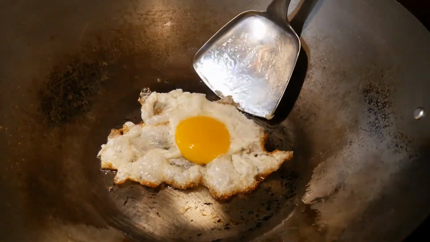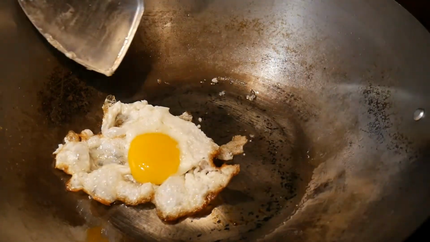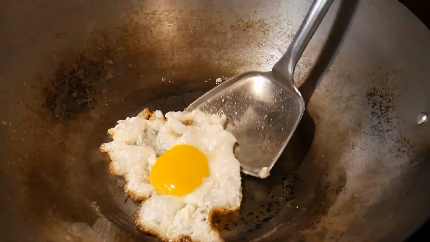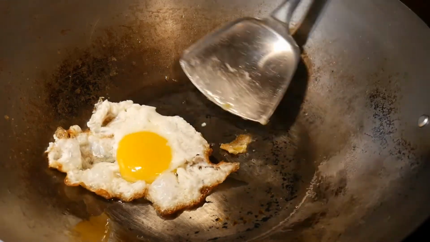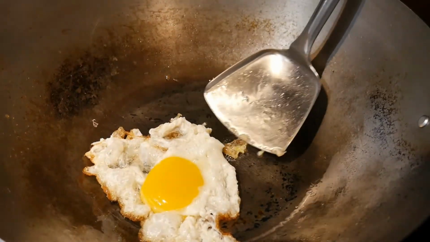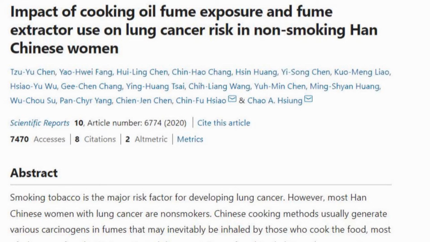So a natural question for anyone to ask is whether cooking oil fume also enhances the likelihood for lung cancer. And the answer is yes. In a recent study comparing women who cook, with their exposure to cooking oil fume, compared to women who are not exposed to it, there's definitely a significant increase of lung cancer for women who are continuously exposed to cooking oil fume.